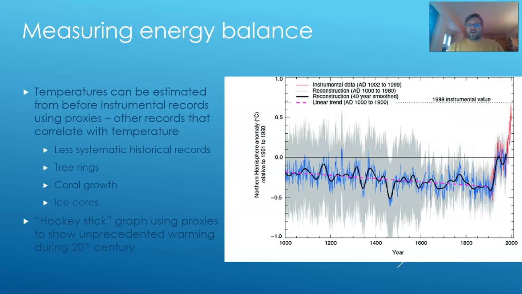And then we can also project our data farther back by using what we call proxies. So, we only have really solid direct measurements of temperature going back to the 1880s or so, but we do have other records that can tell us something about the global temperature. So these include things like less systematic historical records.